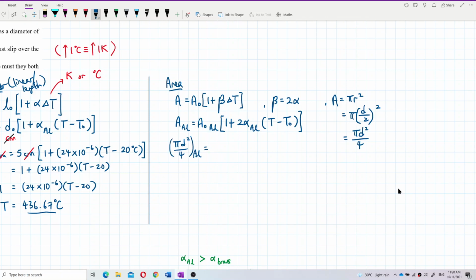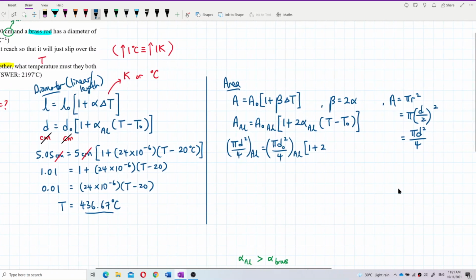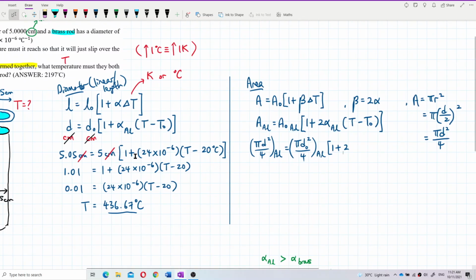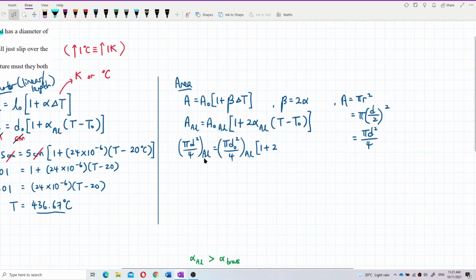And then the initial area is pi d square over 4 also, using the initial diameter, for aluminium also. And here also 1 plus 2 alpha. Put in the value of alpha. Alpha just now is 24 exponent negative 6, and T minus 20.